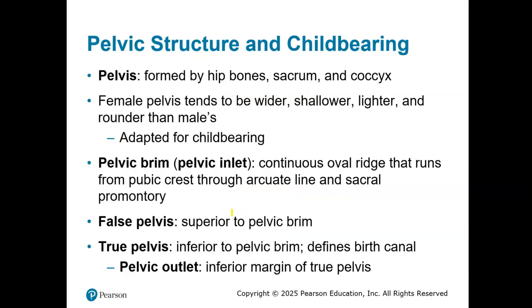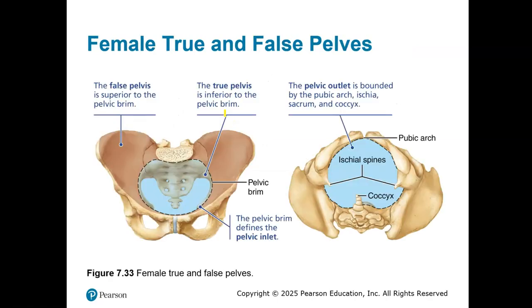For males and females, the female pelvis is wider and rounder, and the male pelvis is narrower and not as round. So what you're looking at here, it says the female false pelvis is superior to the pelvic brim, and the true pelvis is inferior to the pelvic brim.